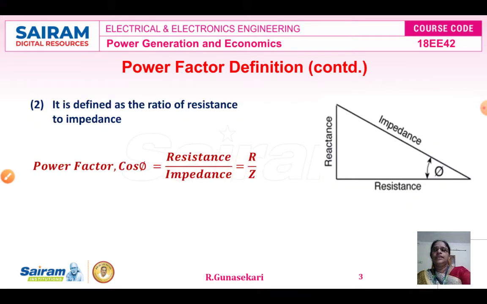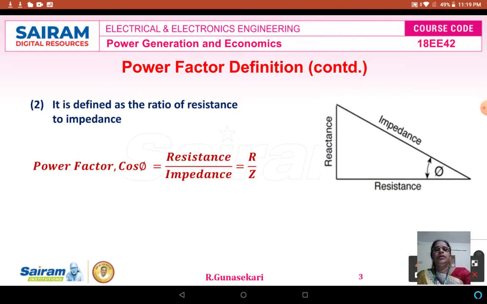Then the second definition: the power factor is defined as the ratio of resistance to impedance, that is R by Z. Power factor, which is denoted by cos phi, is the ratio of resistance to impedance, R by Z. Now you see this triangle, called the impedance triangle.